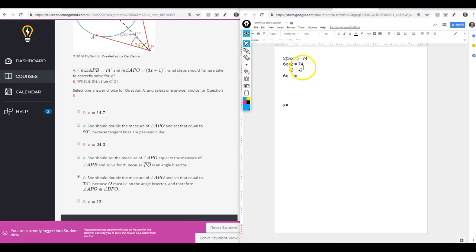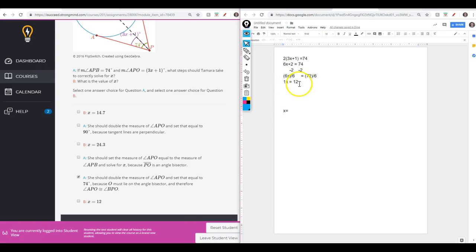And then we would have 74 minus 2, which is 72. So now we have 6 multiplying the x. The inverse operation would be to divide by 6, because 6 divided by 6 reduces down to 1. So 6x divided by 6 reduces down to 1x, and that is going to equal 72 divided by 6, which is 12.